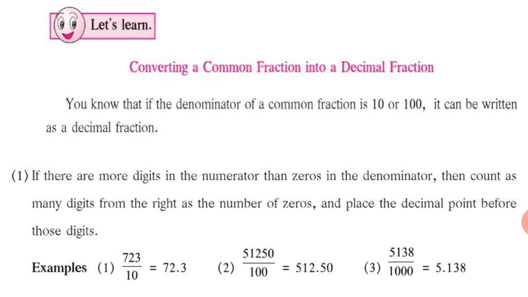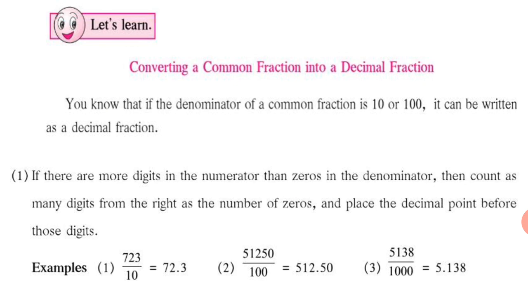And you have 1 zero in the denominator. So while writing the answer, write the numerator and then count one digit from the right, and before it put a decimal point. Then you don't have to write the denominator 10.